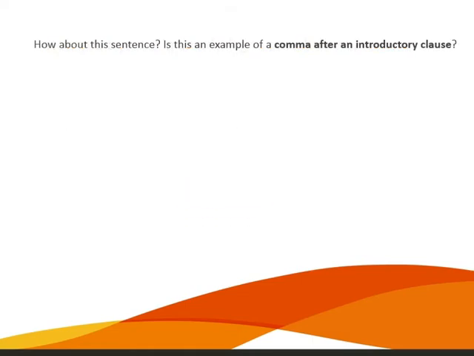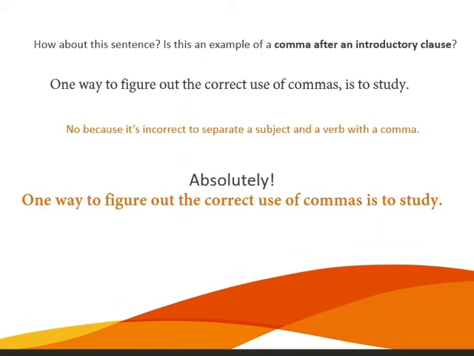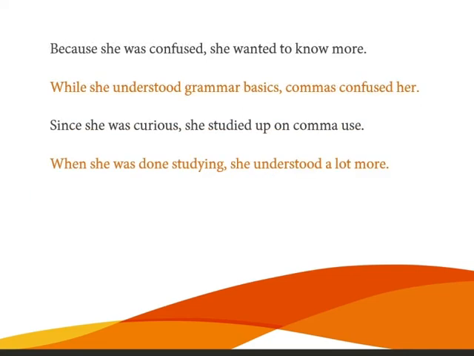Is this an example of a comma after an introductory clause? No, because it's incorrect to separate a subject and a verb with a comma, and the subject is one way to figure out the correct use of commas. Absolutely. If you look again at the example sentences, you will notice that the subject and verb are never separated by a comma.